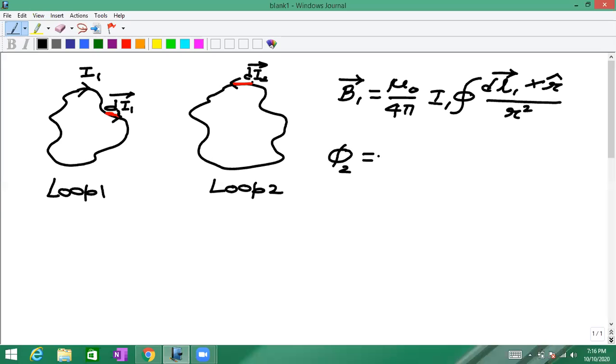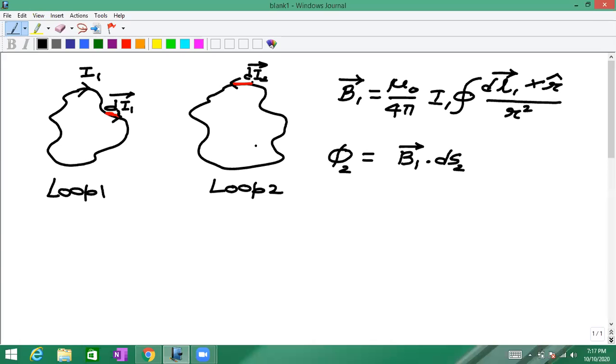What was the expression of flux? It was the dot product of magnetic field B and area vector. Now the magnetic field will be B1 vector dot dS, some elementary area of loop 2. Suppose the elementary area I consider as dS2.